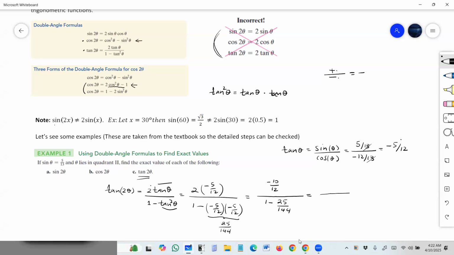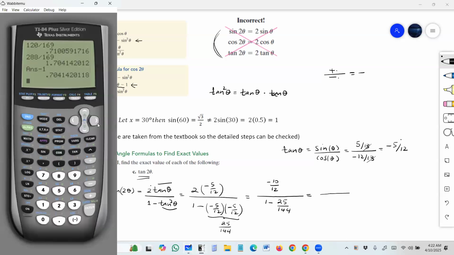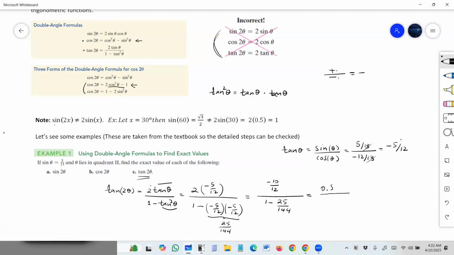So I'm going to do first negative 10 over 12. So 10 divided by 12, and I'm going to give it to you as a decimal instead of as a fraction like you would in a basically algebra course. So I'm going to say 0.833. Okay, 3 decimals is fine.